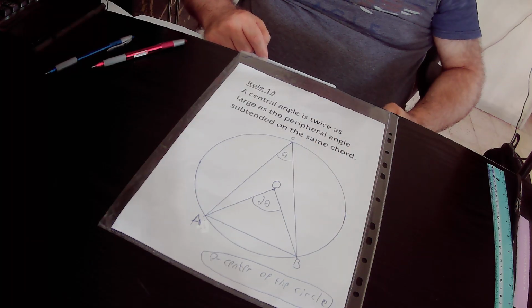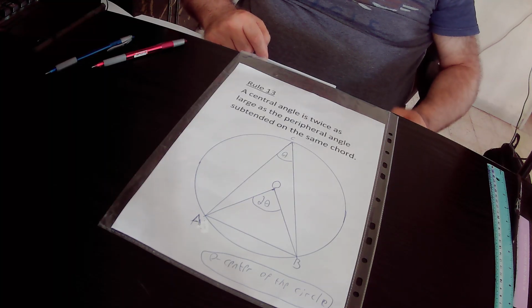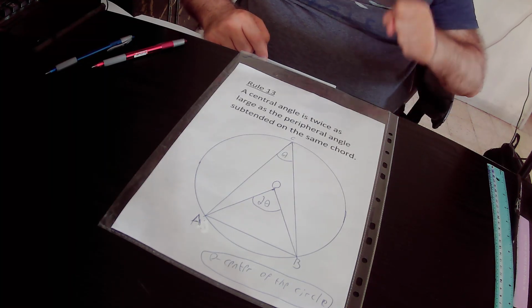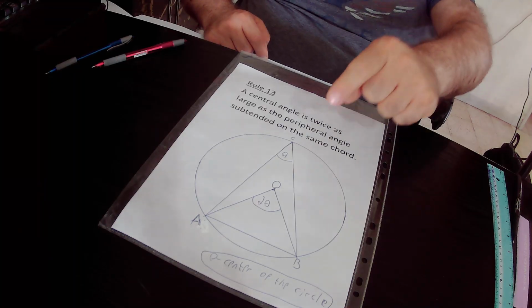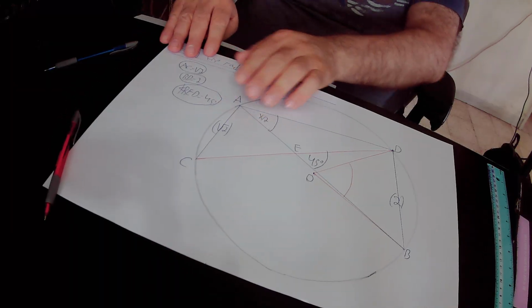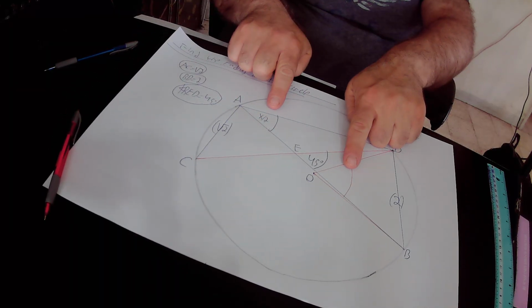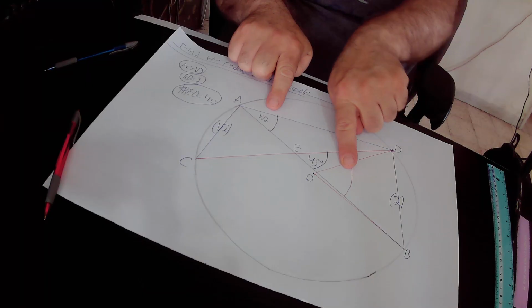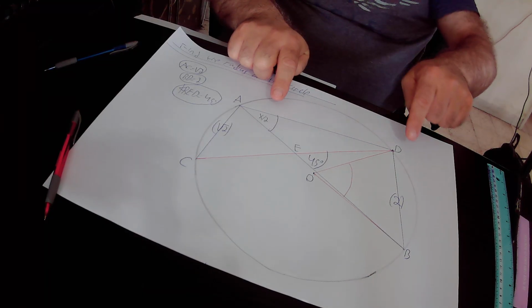So the size of the central angle will always be twice as large as the size of the peripheral angle that is subtended on the same chord. So we can implement rule 13 in our drawing. In our drawing, those two angles are both subtended on the same chord DB.